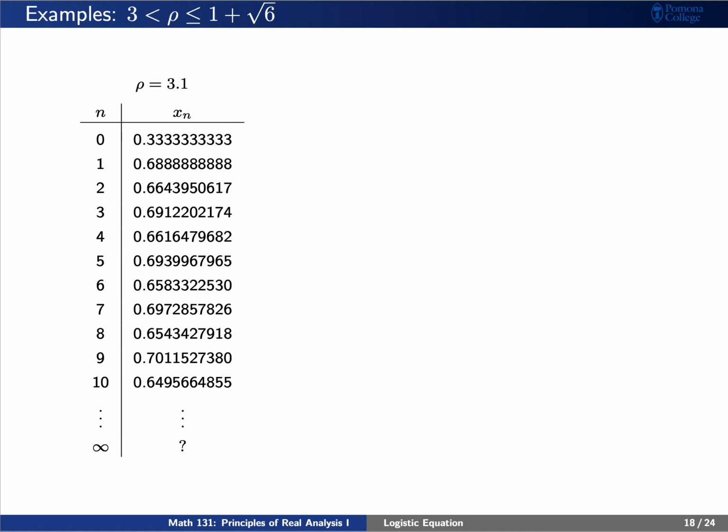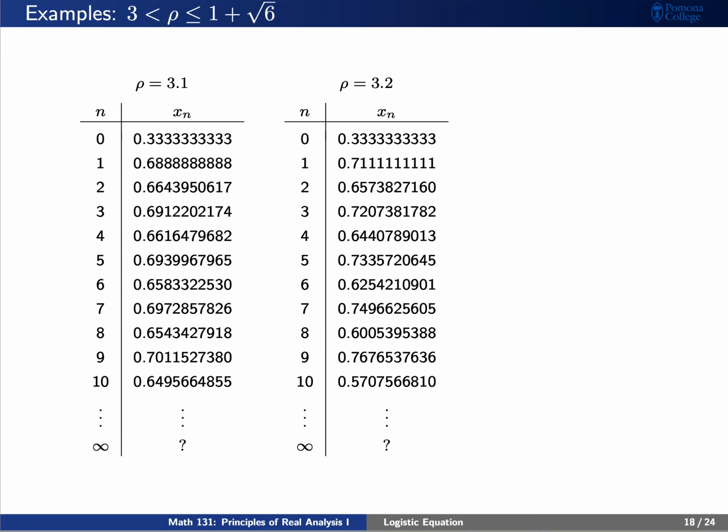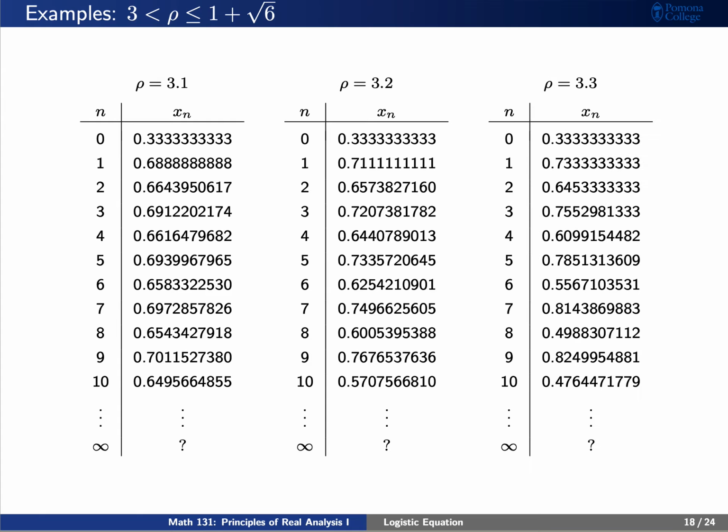It seems to maybe go up to 0.69, then jump down to 0.65, but it's very difficult to see exactly what's happening. Something similar happens when rho increases slightly to 3.2. Again, there doesn't seem to be a pattern if you look at the first 10 numbers in the sequence. By increasing even more to rho equal to 3.3, again, we really don't see a pattern.